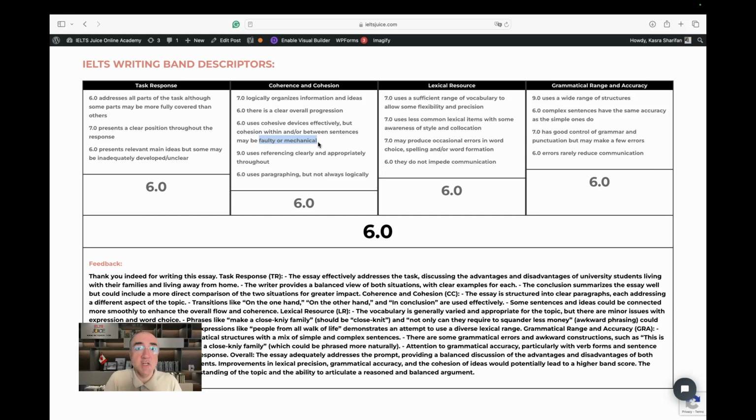So it can be a grammar and connection mistake. And paragraphing, of course, was not always logical. The second body paragraph especially, it wasn't logical to say that we are going to talk about positive things, and then towards the end of the paragraph you see negative.